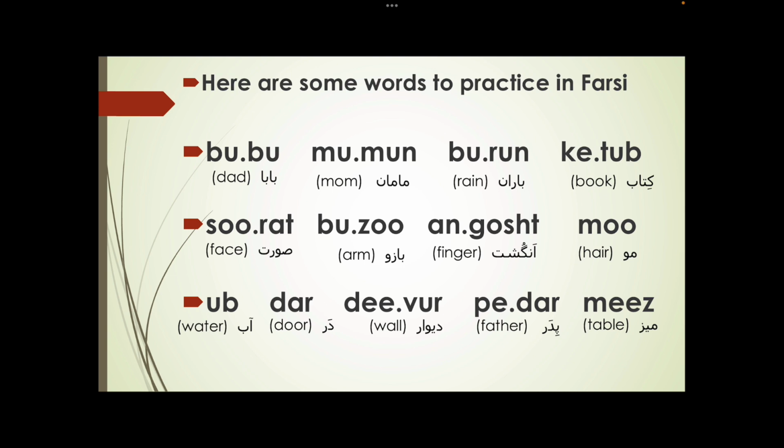So that way, now when you see a word like this, you could be like, oh, this is ba, and this one's also ba. So if I put it together, that will make it baba, which means dad. And again, we wrote down the Farsi for you at the bottom, underneath the words, if you're interested in learning Farsi and trying to read through Farsi, it's there for you as well.